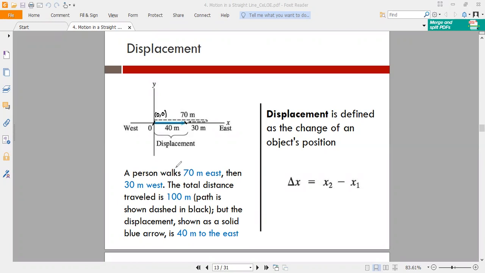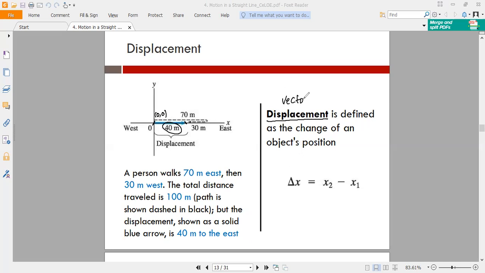If a person walks 70 meters to the east, and then 30 meters to the west, the displacement is the last position minus the initial position. This is 40 meters. This is for displacement, because displacement is a vector.